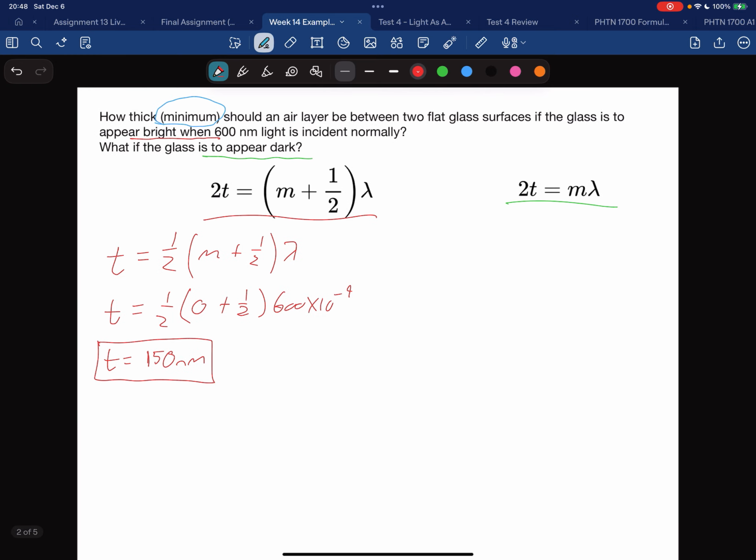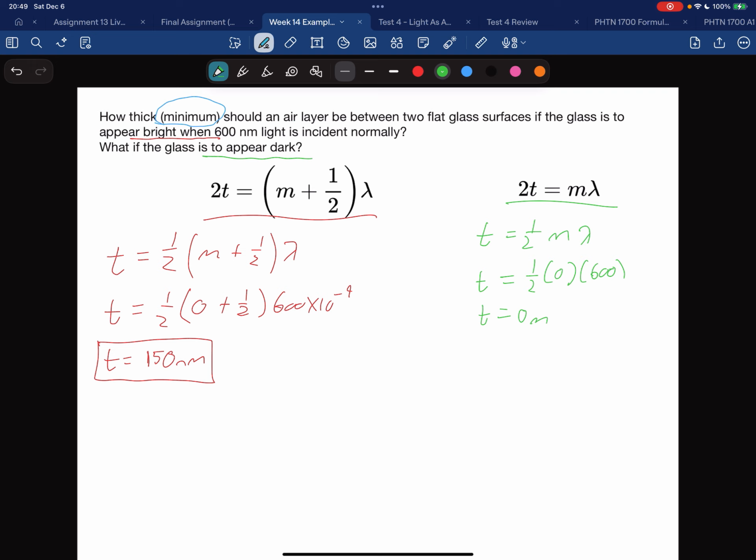And for the second part, same idea. Let's try plugging in 0, see what we get. We get a thickness of 0, which is the trivial solution. Of course, if you didn't have any glass there, the light would illuminate whatever the surface is.